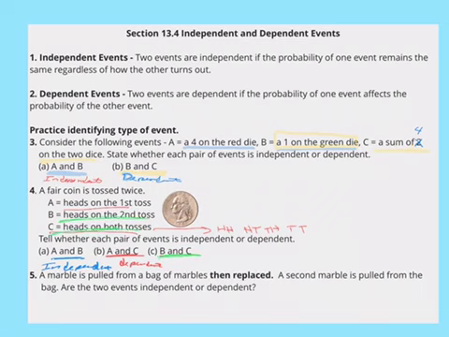All right, let's look at one more example. In this example, we have a bag of marbles, and a marble is pulled out of the bag, and then it's replaced. A second marble is pulled from the bag. Are the two events independent or dependent? So let's say we had 10 marbles in the bag, and I pulled out one.